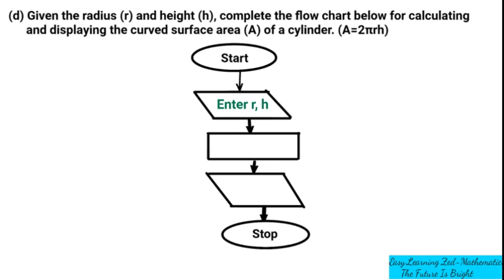Okay, and that is now it will process the information. Then thereafter there will be output of the area. The output of the area will happen there in the second parallelogram. So basically those are the items you're supposed to enter in those. If you have got questions, you can ask in the comment section. Otherwise, those were the answers you are supposed to write in an exam. Let's go to the next question.